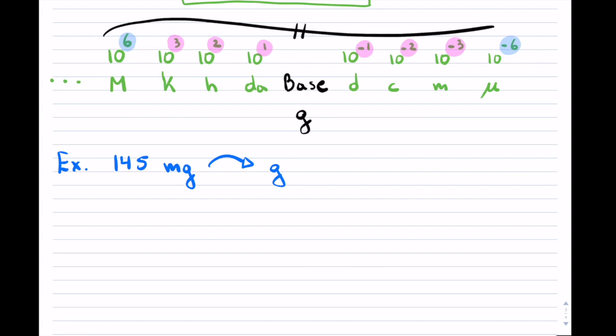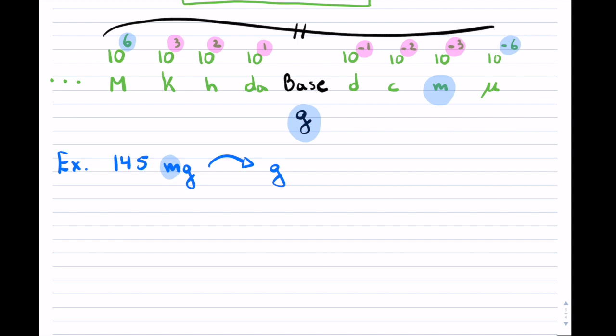You will notice that I have a prefix here, which is milli, and milli would appear right here. And now I want to get rid of the prefix, so I want to go back into the base, which is right here.